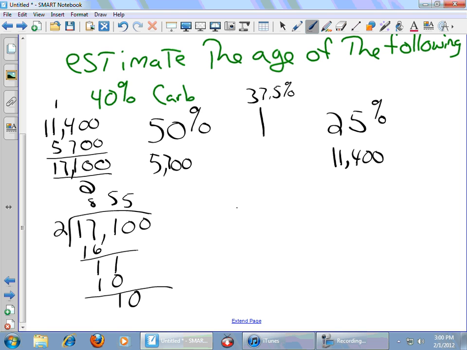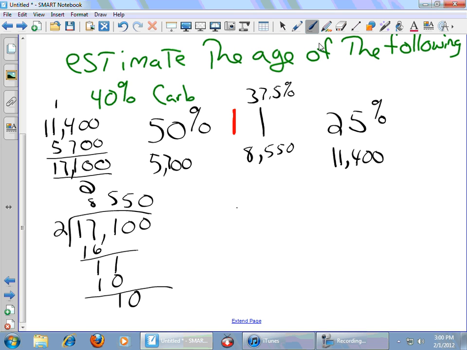I'm feeling like I'm making a mistake. Okay, no, that looks pretty good. All right, so I'm going to get 8,550 years old. So if there was 37.5%, the item is going to be 8,550 years old. Now I know 40% is going to fall in between there, but not in the middle.